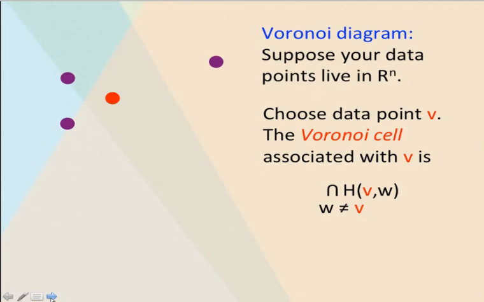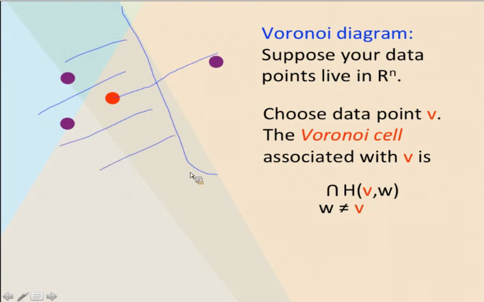We take all those planes. If I take the line between these, this line is supposed to be the perpendicular bisector. And then I shaded in the part that was on the red side so that I would get the closest points here.